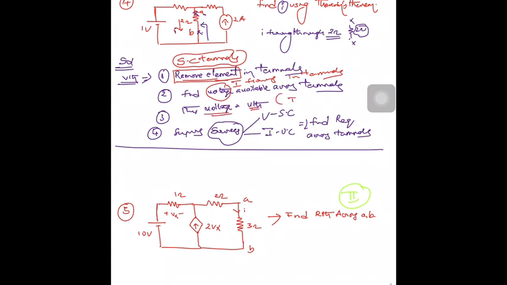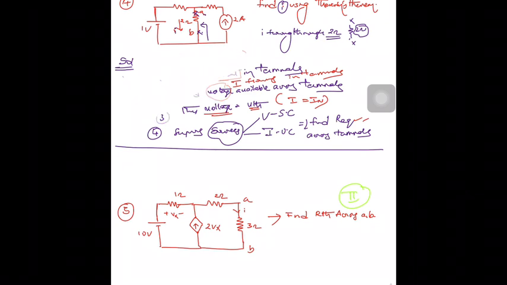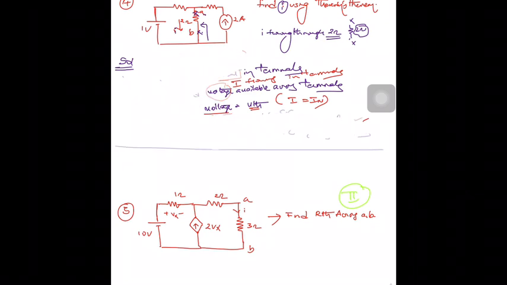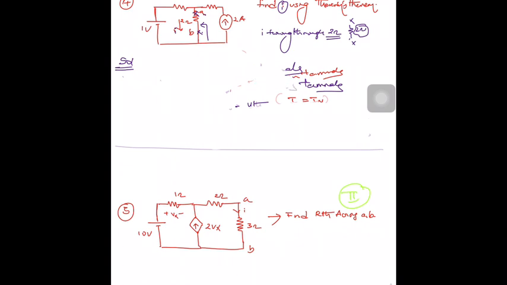This voltage is VTH. This current is equal to the Norton's current, and R equivalent is the same in both cases. I assume that you paused the video and noted down the steps. Now don't do anything, just see the steps and see how I am solving this question.